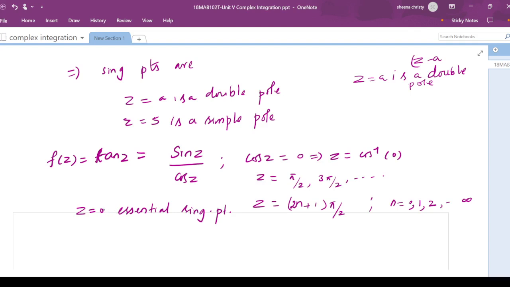I can't say that here z equal to 0 alone; I can generalize it as z equal to (2n plus 1) into pi by 2. Okay. Hope you understood. Thank you.